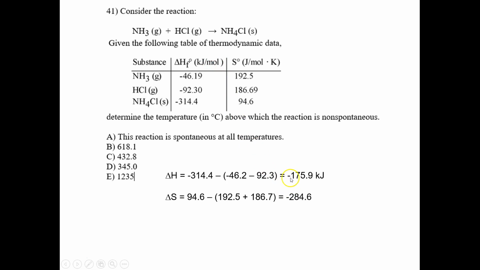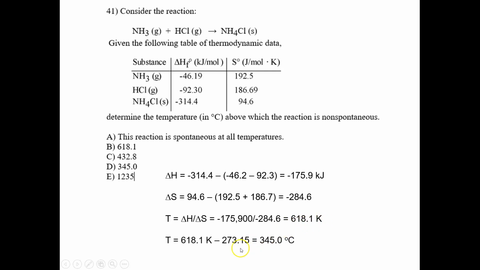And so in order to divide delta H by delta S, we either have to convert this from kilojoules to joules, or we have to convert this from joules per Kelvin to kilojoules per Kelvin. I'm going to do the former and convert delta H into joules, which is negative 175,900. I'm dividing that by negative 284.6 joules per Kelvin, and that gives me 618.1 kelvins.